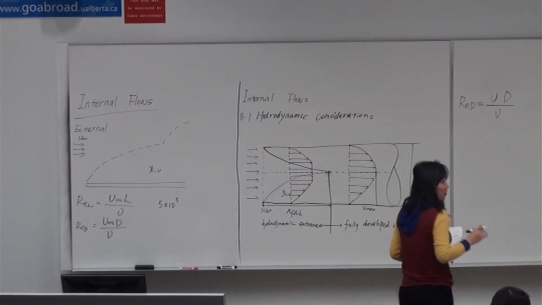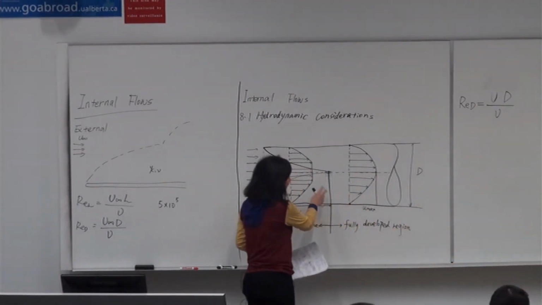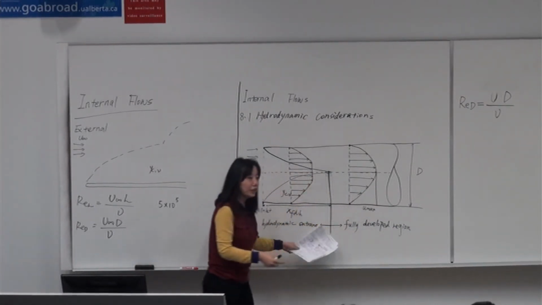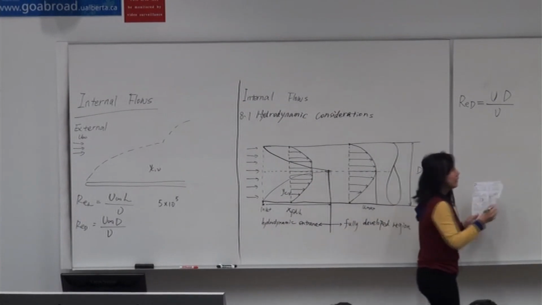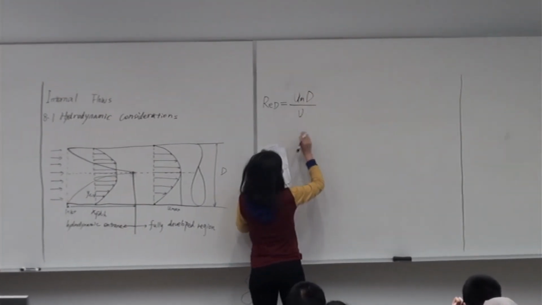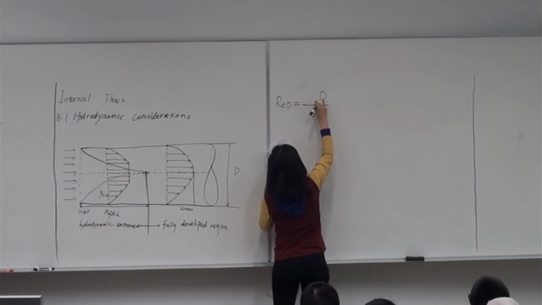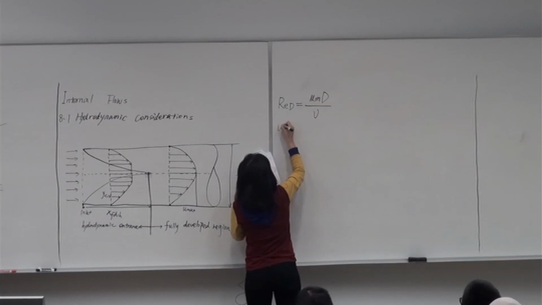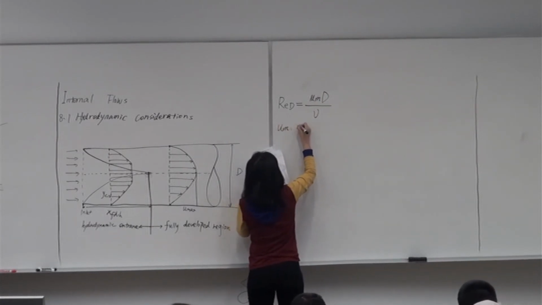Because velocity varies as we see and keeps developing until it reaches the fully developed region, smart engineers define a mean velocity, and the m here is the mean velocity.